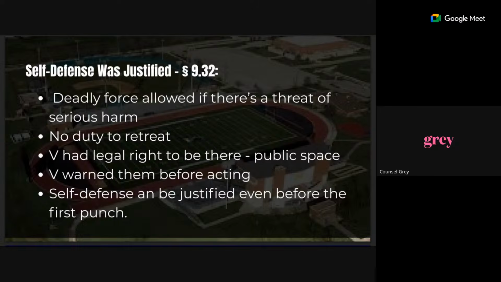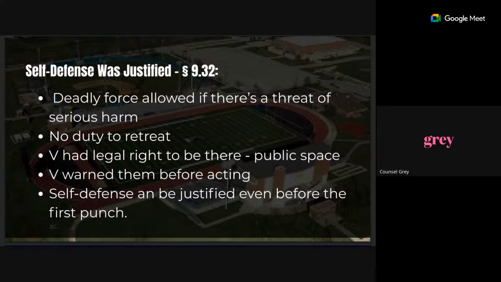And then the other thing, and this is important, right? Because some people say, oh, it was just a shove. No, he just grabbed his backpack. No, he just did this. No, no, no. Self-defense, right? The perception of a serious harm can exist even before the first punch. You don't have to wait to be harmed or immobilized or disabled or taken out.